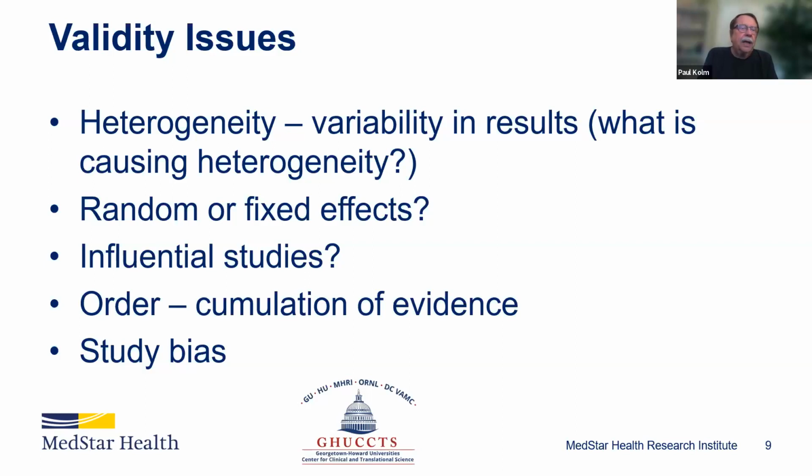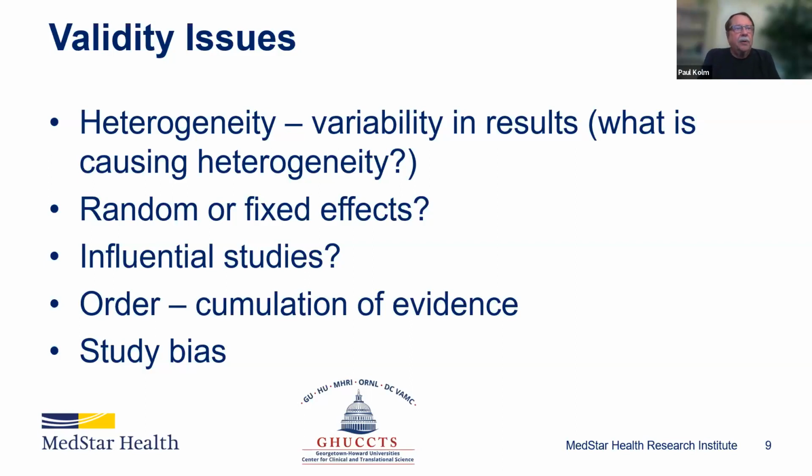the results? Order, and what I mean by that is the accumulation of evidence, that is the number of years, the span of years that you have obtained the studies for your meta-analysis. And I have an example of that where we have a span of 20-some years.